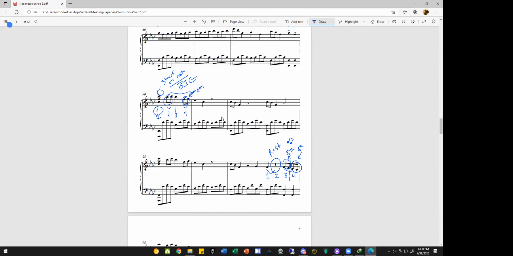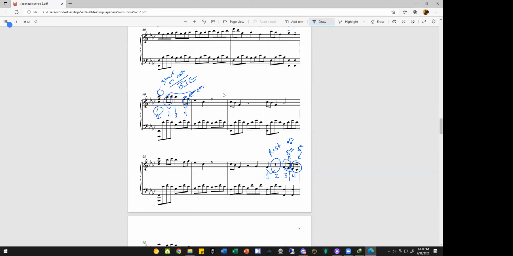So how do you sight sing this, Martin? Bar number 90. Da, da, da, da, da, da, da, da, da. You have to just hit your table with your hand and do this. This is the right way to learn how to read music.